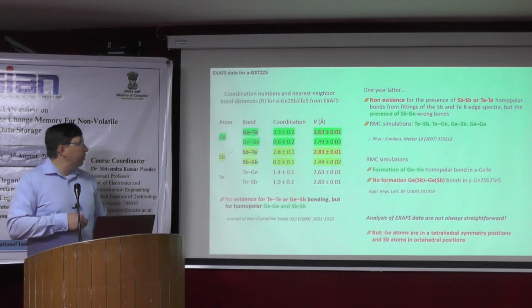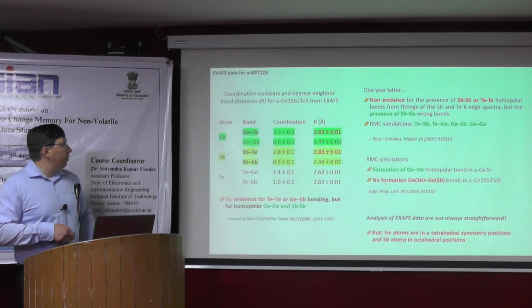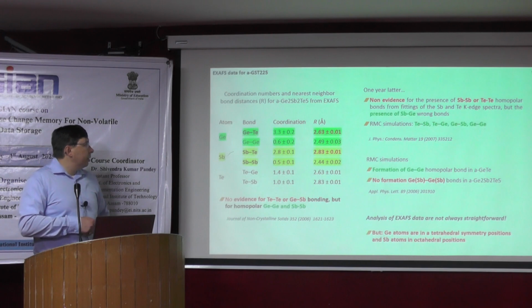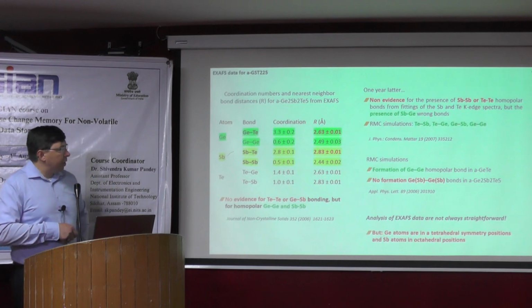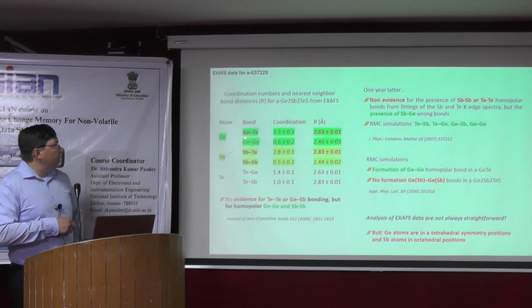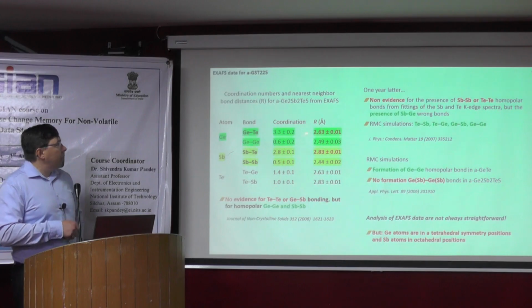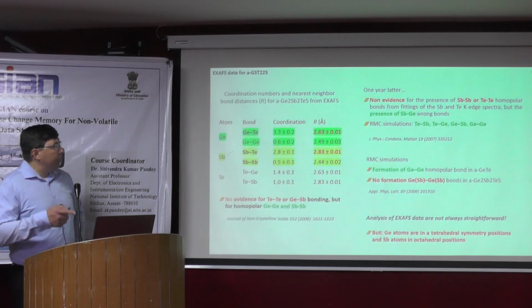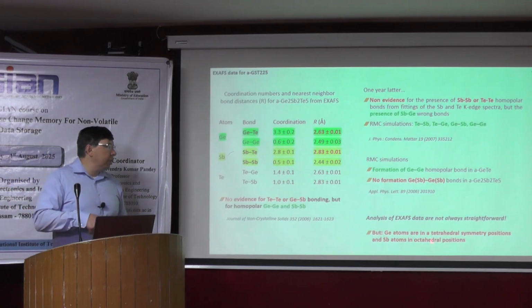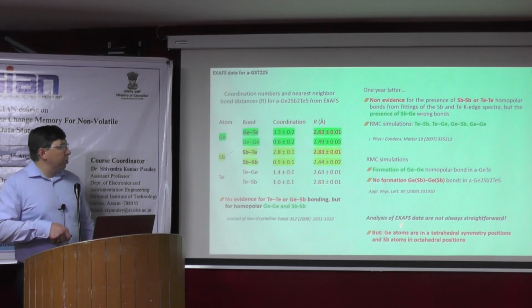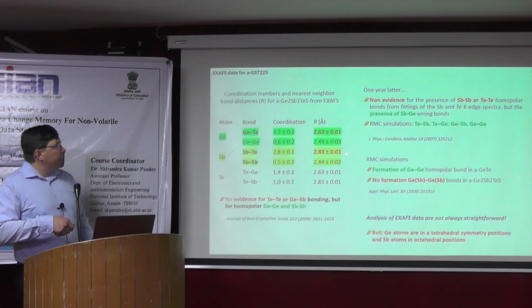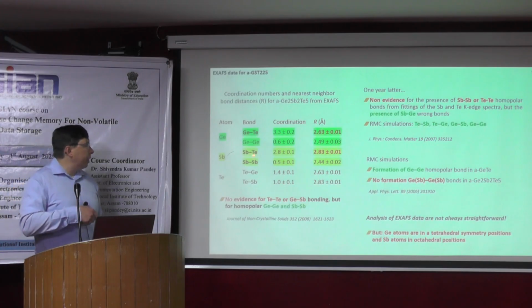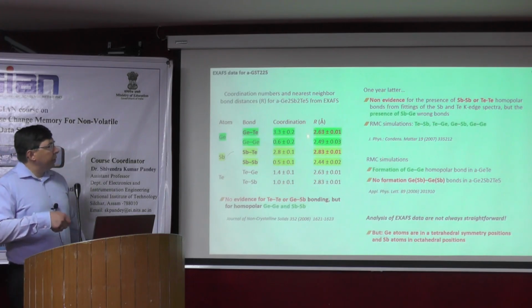Also from XAFS, they found interesting results. So in germanium telluride, for example, these distances belong to the tetrahedral symmetry positions of germanium and antimony. You see here the difference, that the antimony atoms are located in the octahedral positions.